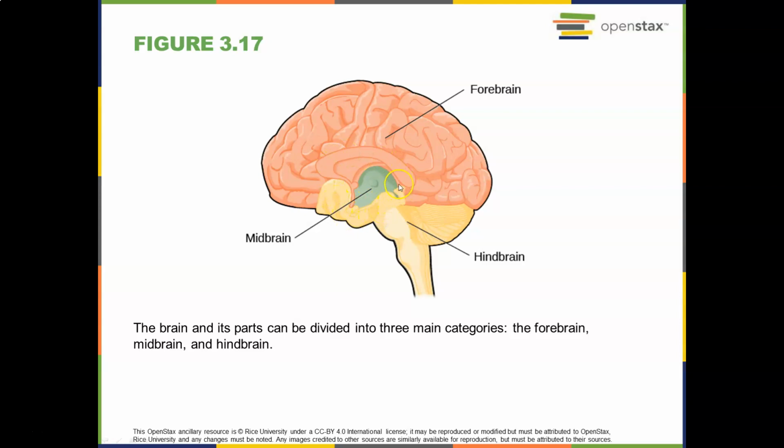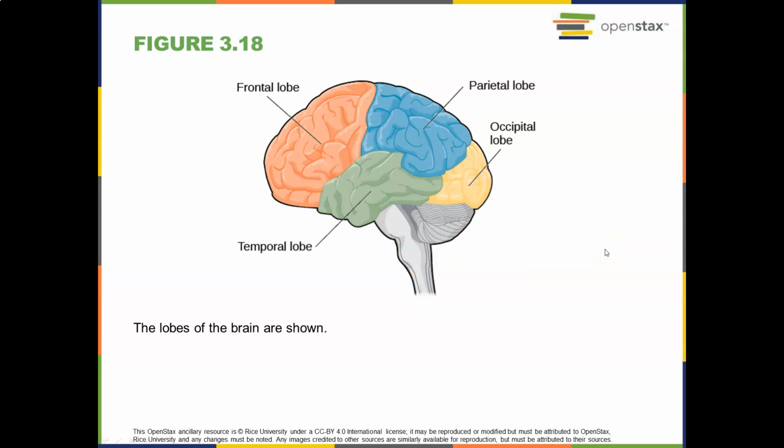You can see it's located roughly in the middle of the brain. And finally, they have the hindbrain, which is all this in yellow. You can see this is toward the back of the brain, and that's why they call it the hindbrain.